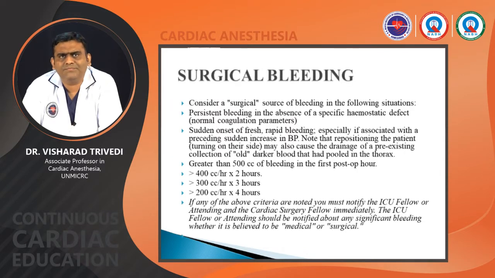Now, surgical bleeding should be considered in the following cases: if the patient has persistent bleeding in the absence of a specific anticoagulant defect; if there is a sudden onset of fresh rapid bleeding, especially if associated with hemodynamic changes like tachycardia and hypotension; and if the bleeding is more than 500 ml in the first post-op hour, more than 400 ml per hour for 2 hours, 300 ml per hour for 3 hours, or 200 ml per hour for 4 hours.